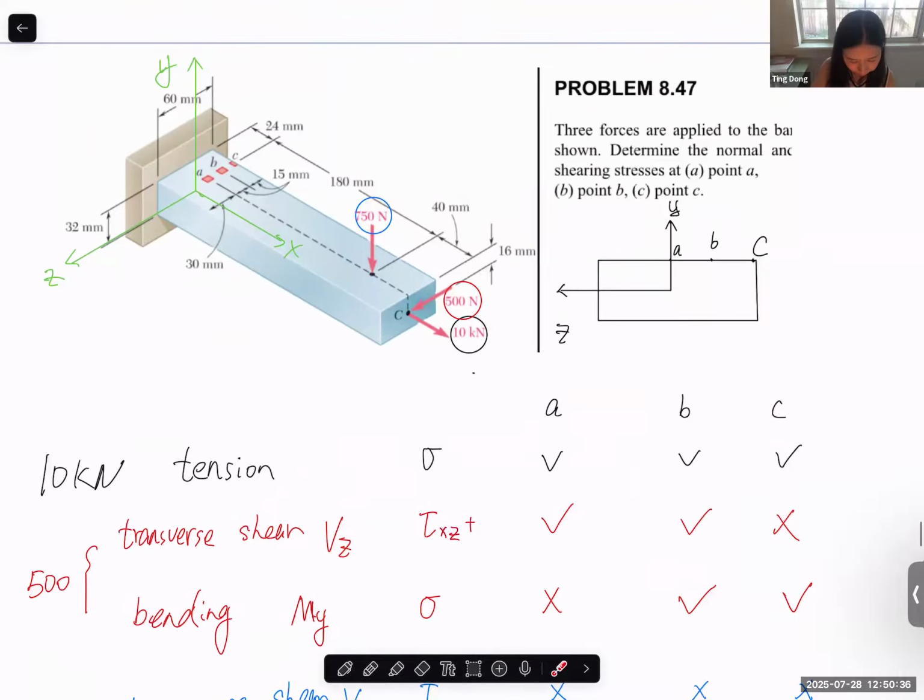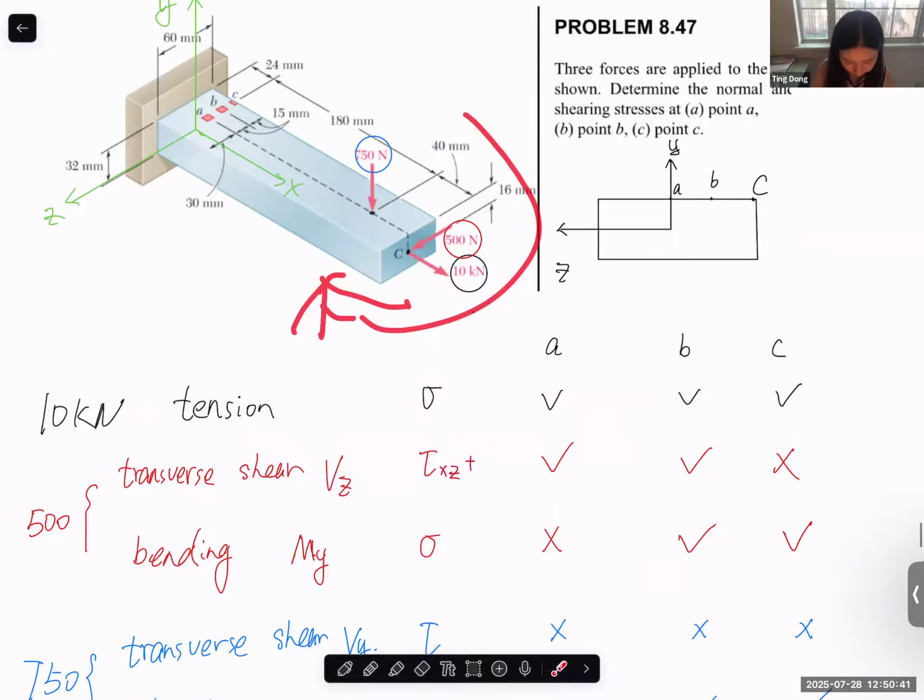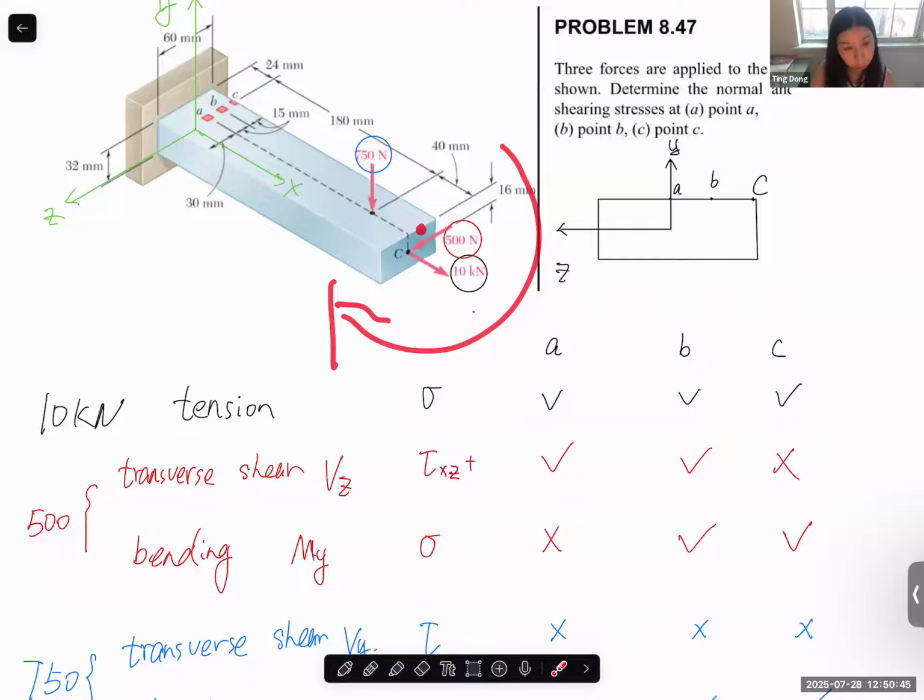So for bending about the y-axis caused by the 500 Newton, it's obvious that point B should be tensile. So if you really want to put a sign, the normal stress here should be positive, right?